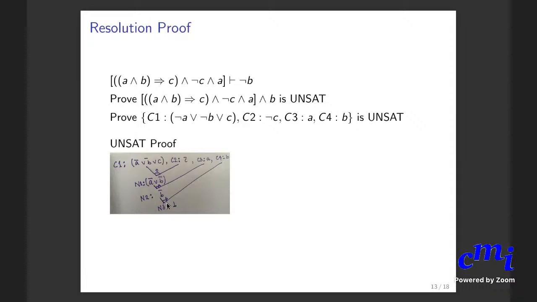And you see that this required only 3 resolution steps to prove, as opposed to the truth table way, which you could have used in this case because there are only finitely many variables.